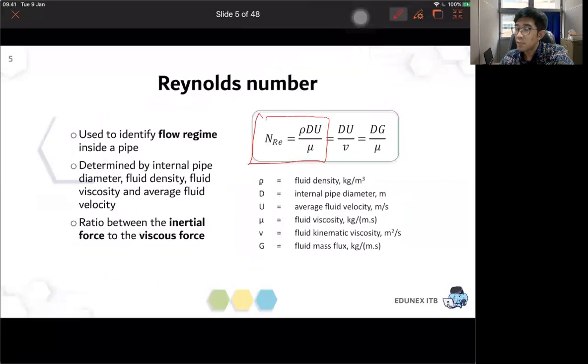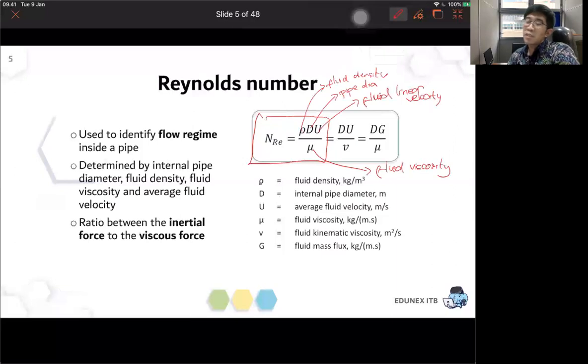So the Reynolds number is actually the density of the fluid, fluid density, and then pipe diameter, and then fluid linear velocity, and fluid viscosity.